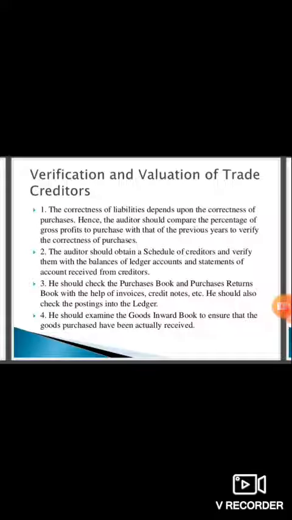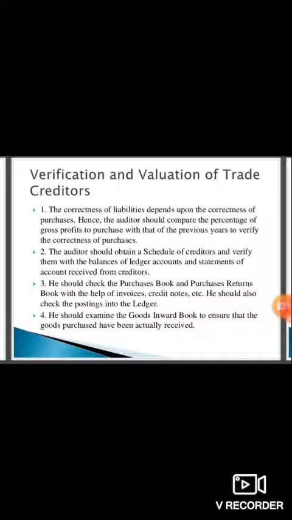So the first thing the auditor has to concentrate on is that the correctness of liabilities depends upon the correctness of the purchases. Hence, the auditor should compare the percentage of gross profits to purchases with those of the previous years to verify the correctness of purchases.